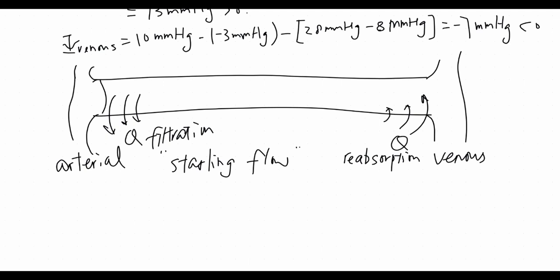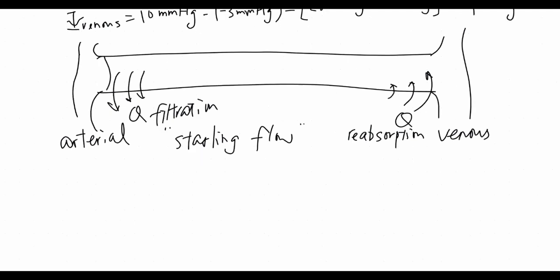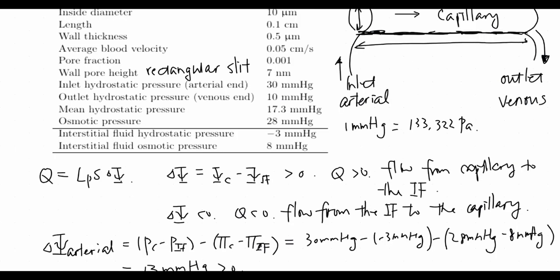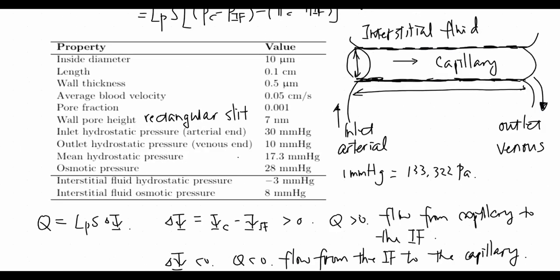So we can calculate what's on average. To calculate the average, what you need to use is the mean hydrostatic pressure. And the rest of the numbers don't change. So let's calculate the average.